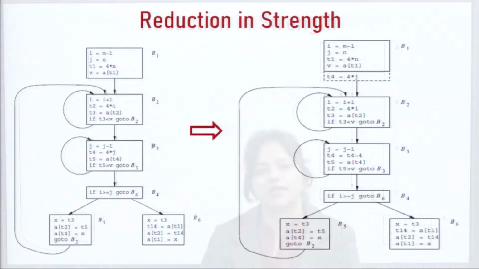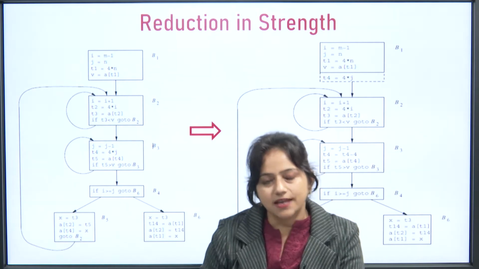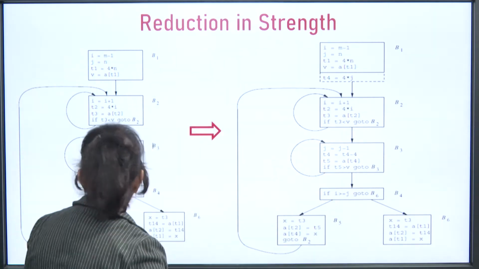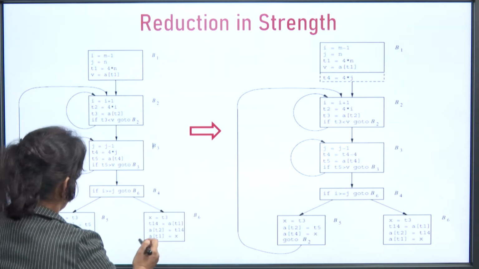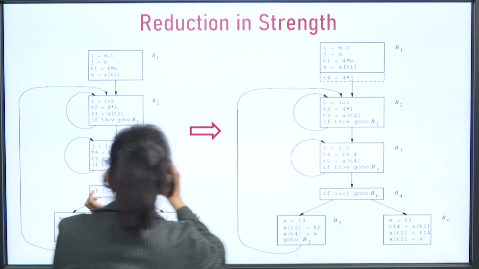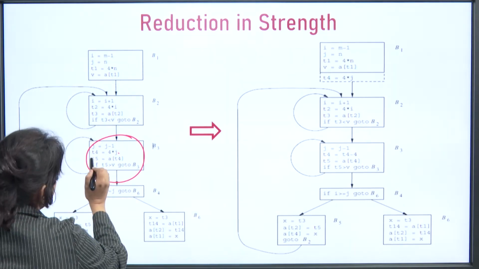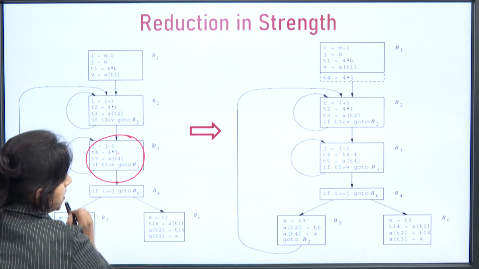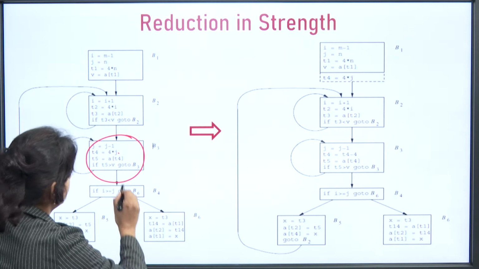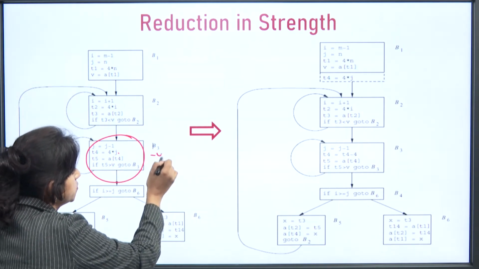Now, next is reduction in strength, where we try to replace the costly operator with a cheaper one. Just see this particular block. Here we have j is equal to j minus 1, T4 is equal to 4j. We take some value of j and multiply it with 4, and every time it is reduced by 4.